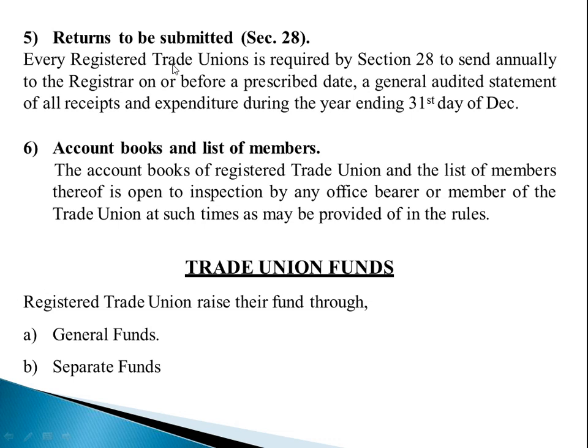Then account books and the list of members have to be properly maintained in the trade union. If they maintain a head office, these books have to be maintained in that office. Whenever an inspection comes, the office bearer or member can be provided with the registered books, accounts, auditing statements, everything, for their knowledge.